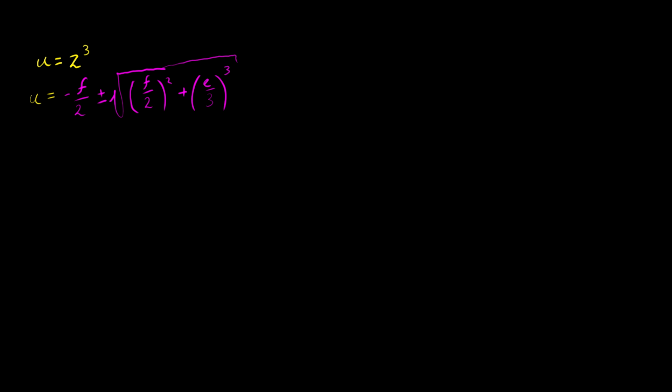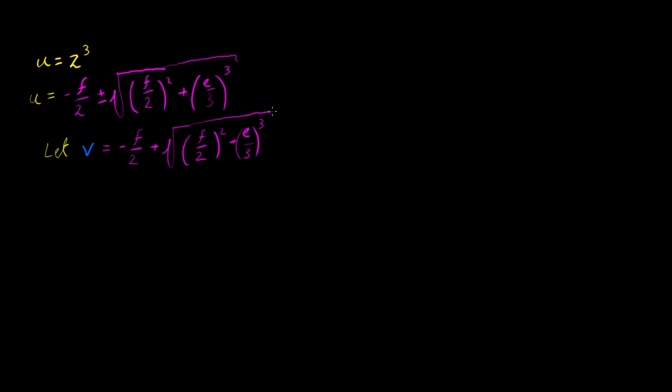And what I'm going to do is define one of the values of u as a variable. Let's let v, let me make it clear, that is a v. So v is going to be equal to our positive value of u. It's going to be negative f over 2 plus the square root of f over 2 squared plus e over 3 cubed.